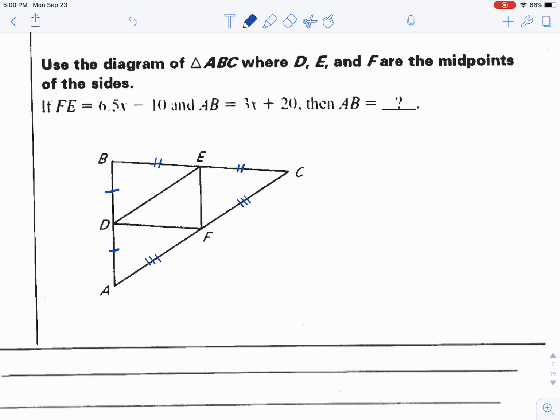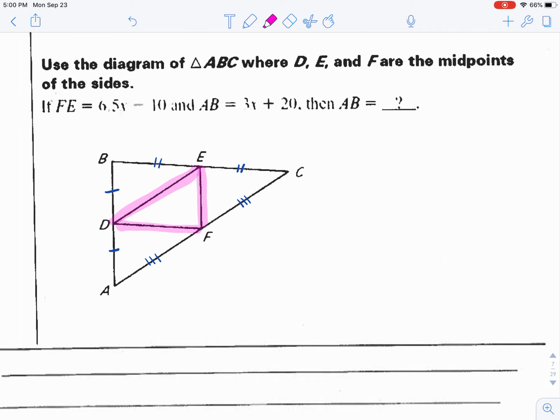We can put tick marks accordingly. That would mean that DE is a midsegment, EF is a midsegment, and FD is a midsegment.